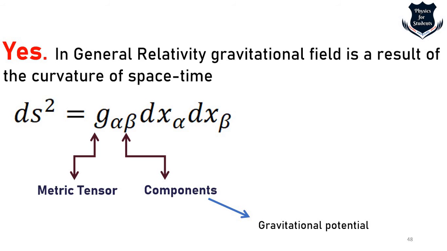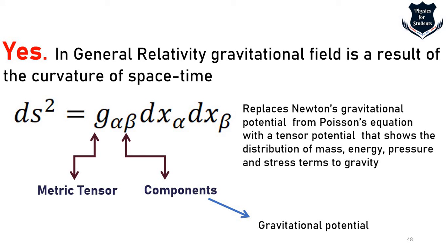So in general relativity, the gravitational potential is replaced by the metric tensor. This calls for a separate discussion with a lot of mathematical derivations. I'm not going to do that. In the Newtonian limit, you see I have written, it replaces Newton's gravitational potential from Poisson's equation with a tensor potential that shows the distribution of this. Now you should note that this actually happens under certain conditions.